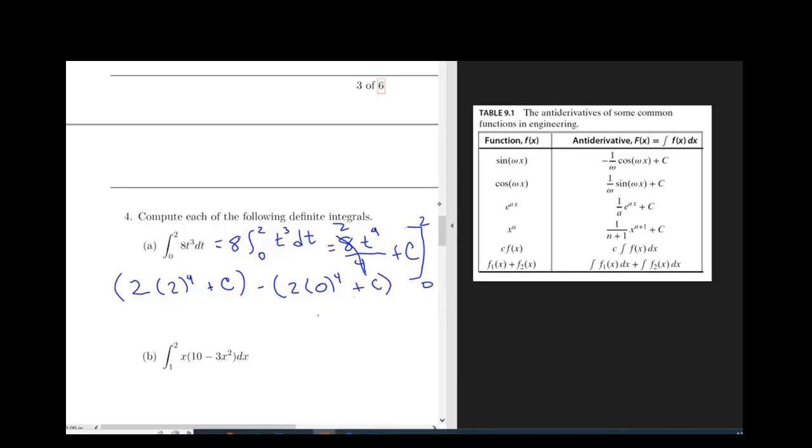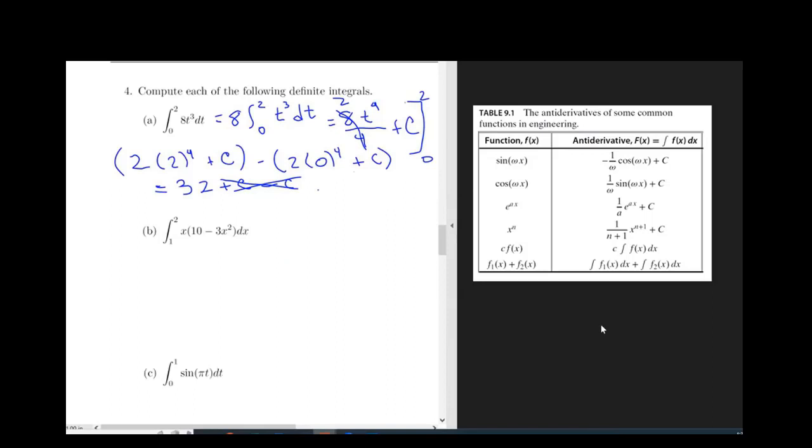And 2 to the 4th power is 16 times 2 is 32 plus c, minus obviously 0 and then minus c. So notice the c's are always going to cancel, which is why when you have these bounds, like the 0 to 2, you don't need the c. But if you don't have bounds, you do need the c.